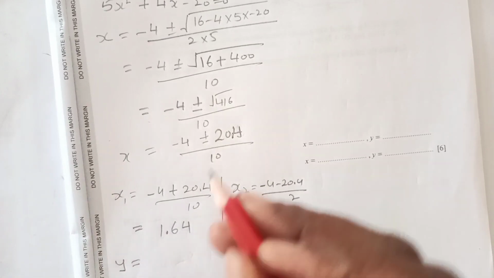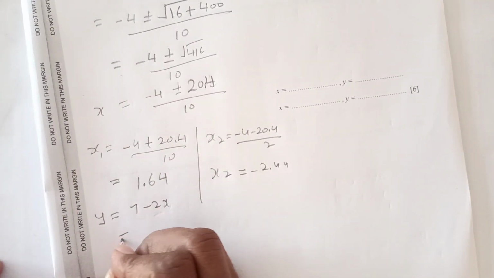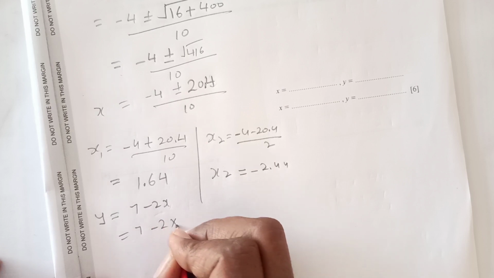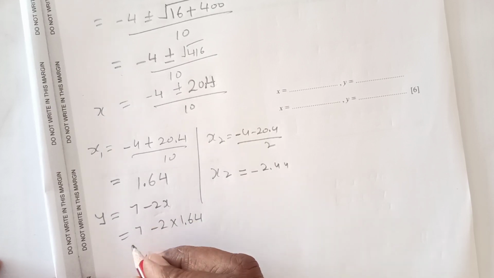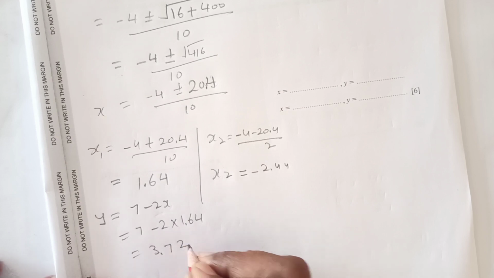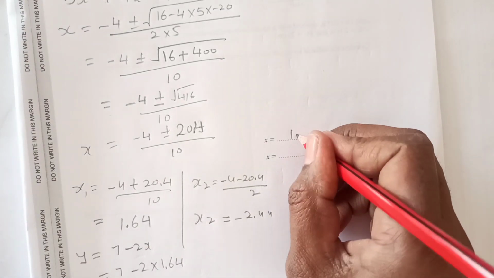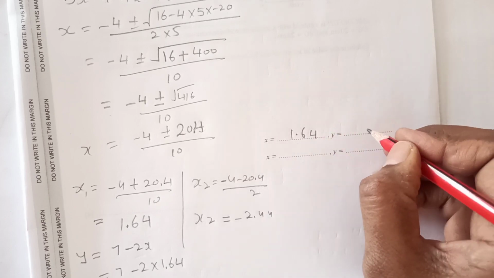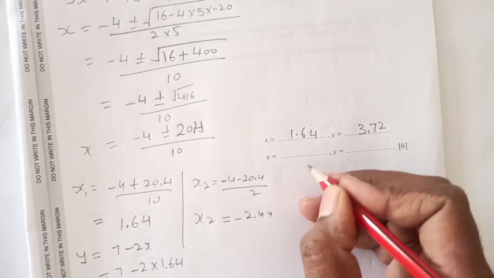So y is now from this equation 7 minus 2x, so 7 minus 2 times 1.64, so this is 3.72. So when x is 1.64, y is going to be 3.72.